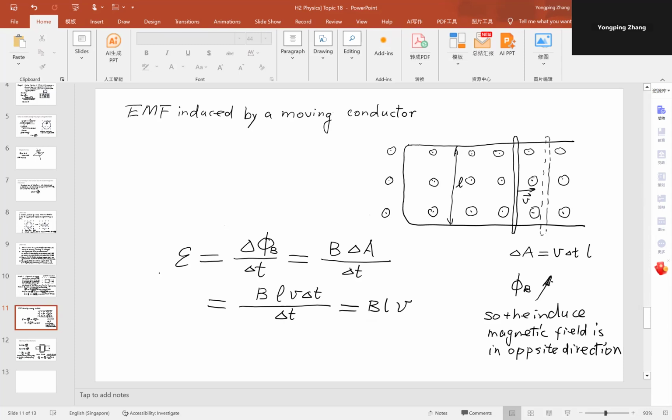So the current flows in this direction. The EMF induced is this one: the change of phi B is B delta A divided by delta t, which is equal to BLV.